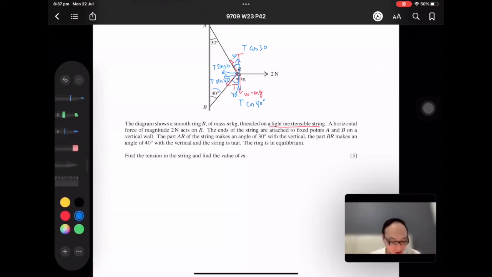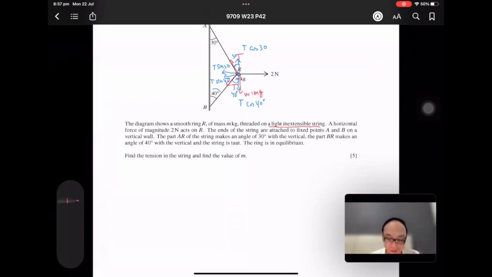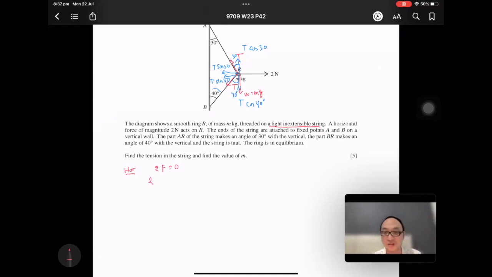So now, since they are in equilibrium, I can write for the horizontal component, the total force will be equal to 0. So 2 newtons to the right will be equal to the forces to the left. So it's T sine 30 plus T sine 40.